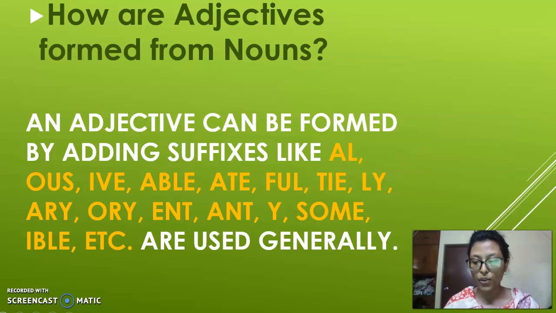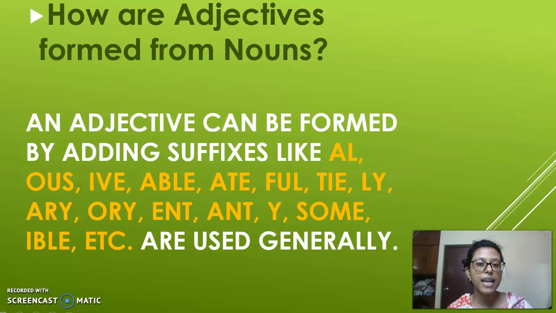We all know about nouns and adjectives, because we are familiar with these words from the parts of speech, the 7 to 8 parts of speech that we have already studied in the junior classes. So the very first question that arrives in our mind is: how are adjectives formed from nouns?